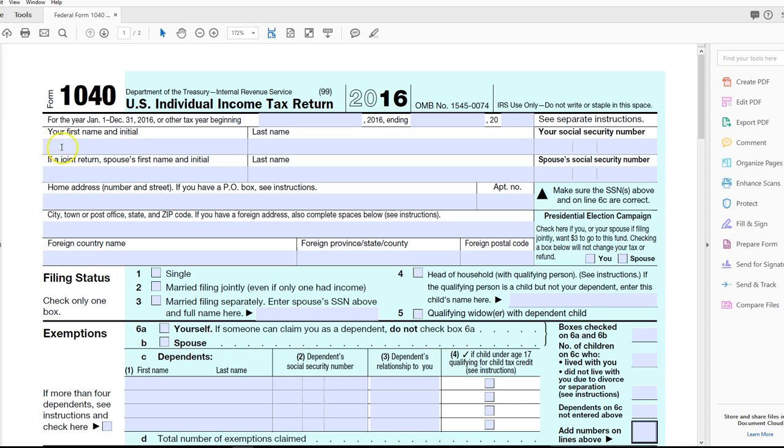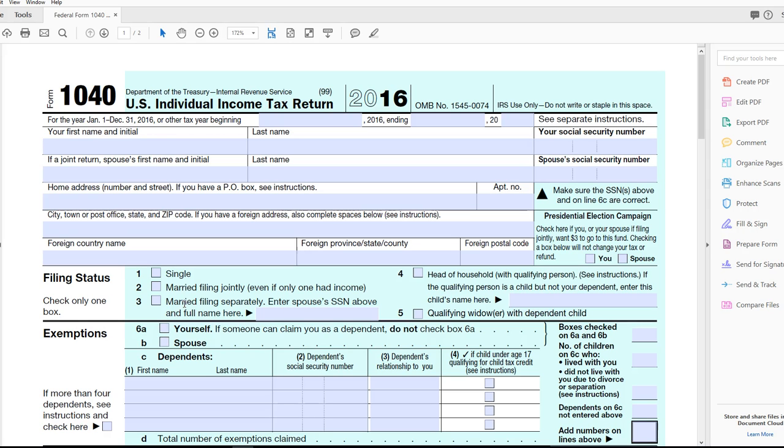The first section is going to be for your name, address, social security number, and filing status. So the five filing statuses that are available are single, married filing a joint return, married filing separately. Married filing separately, by the way, is the most onerous or the highest taxed filing status.